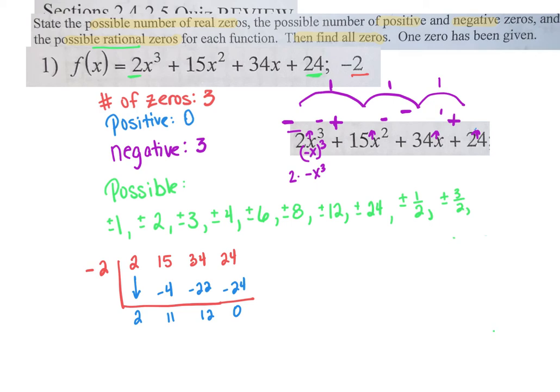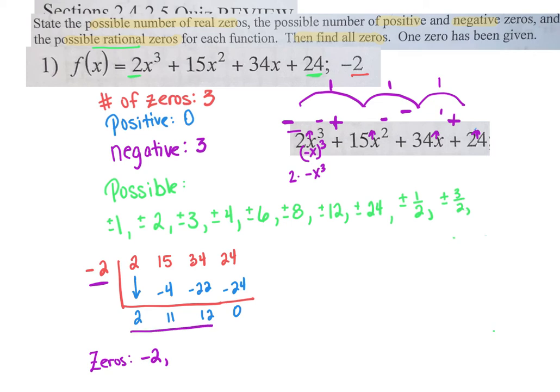By definition, that means your remainder will be 0. So this is a good check that if you don't get a 0, you did something wrong. Do not continue. Figure out what you did wrong in your synthetic division. All right, so I know that this is one of my zeros. So you can go ahead and list it with your zeros. I know that -2 is one because I just showed that it was and I was told.